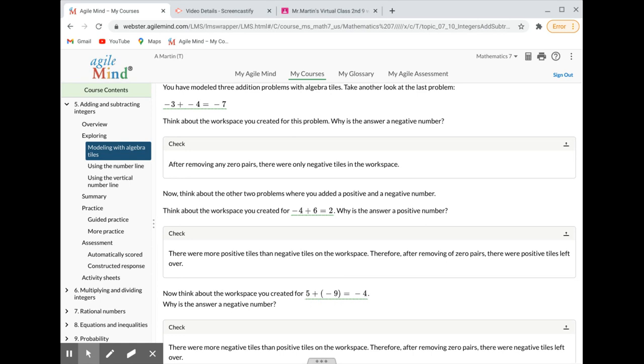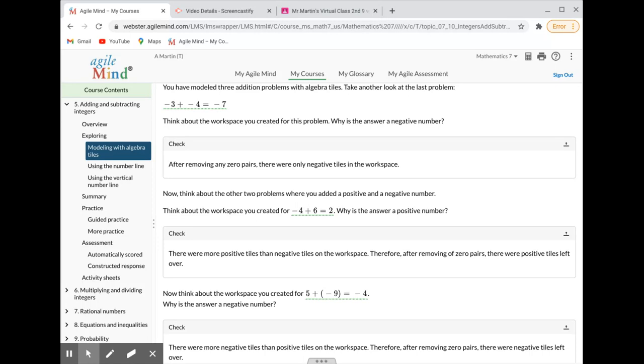Therefore, after removing 0 pairs, there were positive tiles left over. Now think about the workspace you created for 5 plus -9 equals -4. Why is the answer a negative number? There were more negative tiles than positive tiles in the workspace. Therefore, after removing any 0 pairs, there were negative tiles left over.